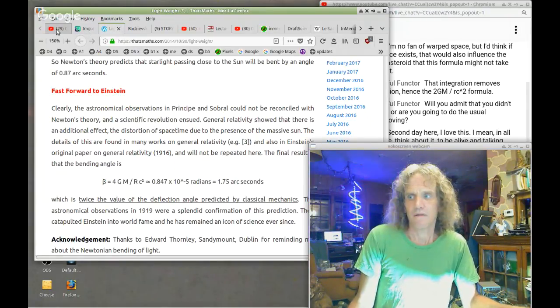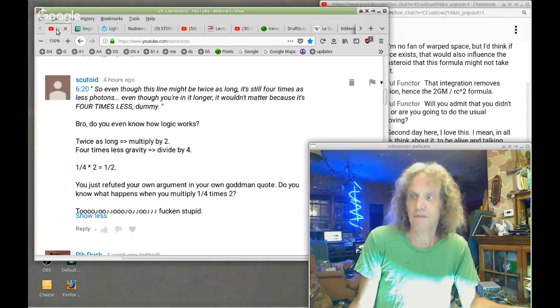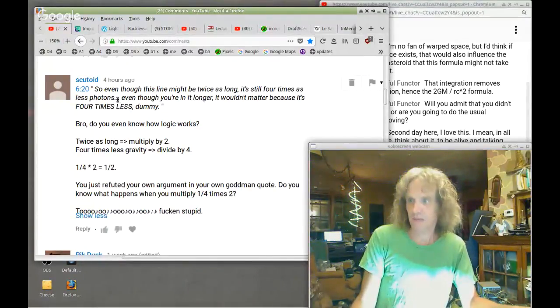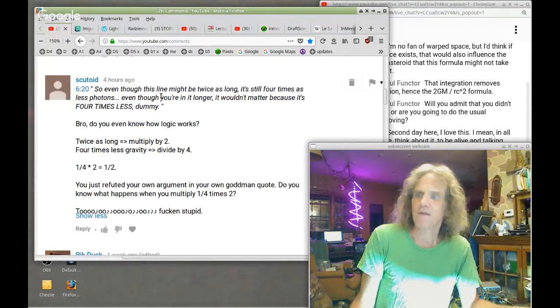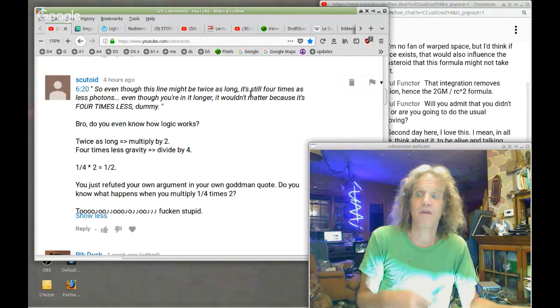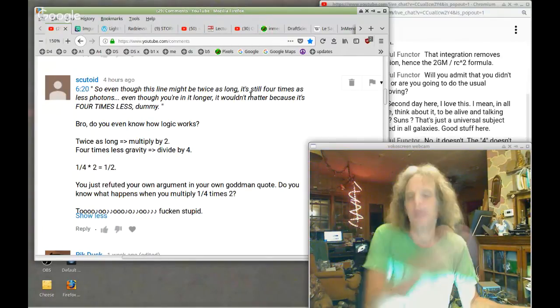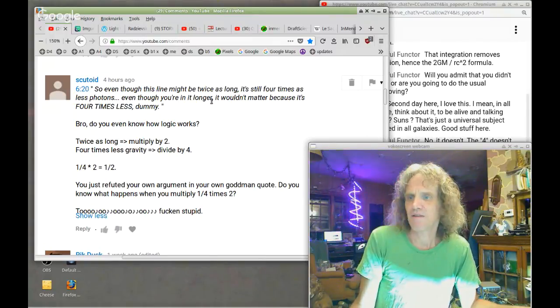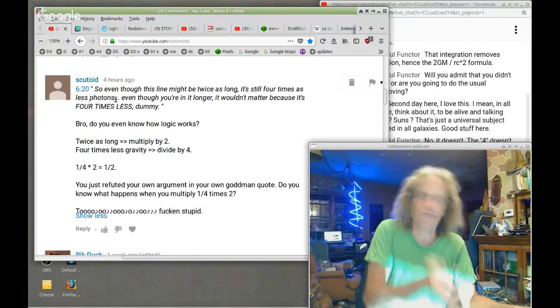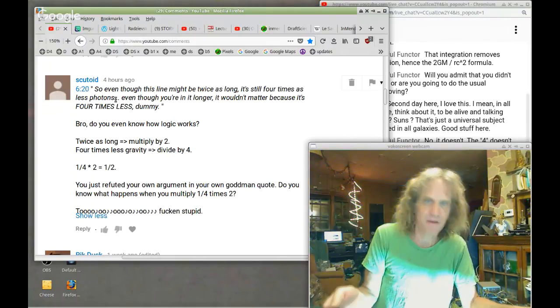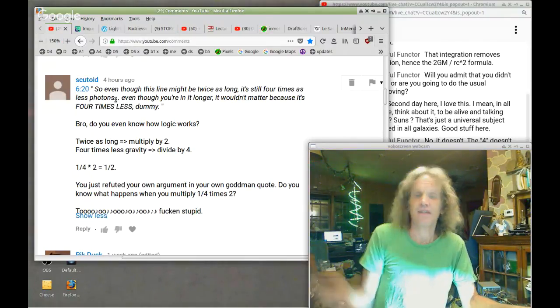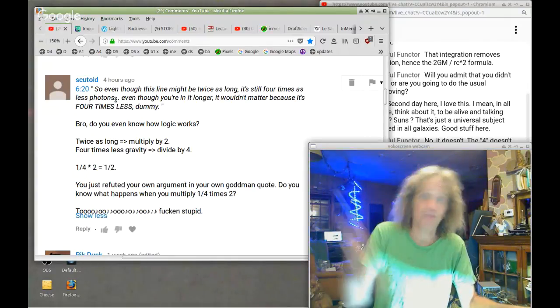All right. So, premise done. Now let's read his slop. "620. So even though the line might be twice as long, it is still 4 times less photons." So I was sort of just talking if the inverse square law. Obviously, I don't believe in Einstein's, let's just change the 2 into a 4.